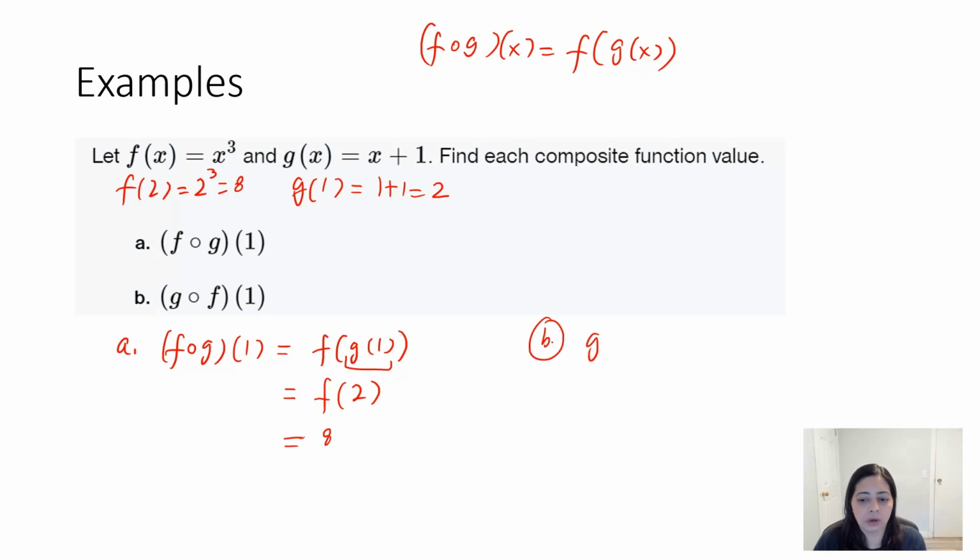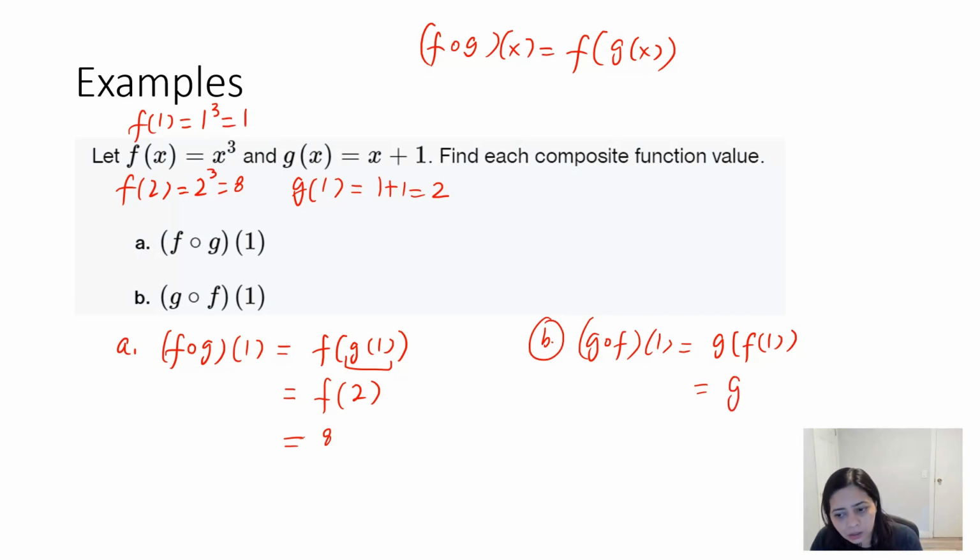And now try to compute g of f at 1. This would require you to first compute f of 1. So f of 1 is going to be 1 cubed, which is 1. And now you use the definition of g to evaluate it at 1.